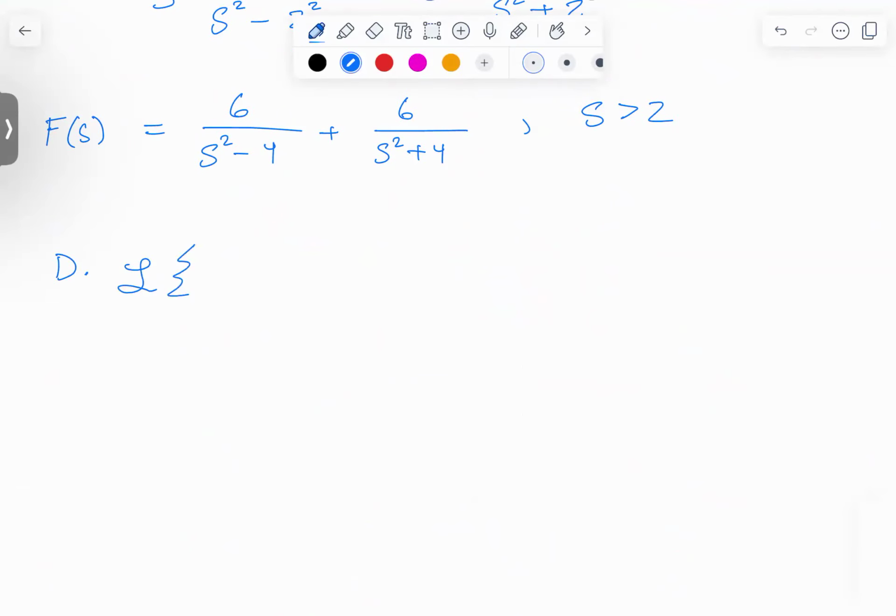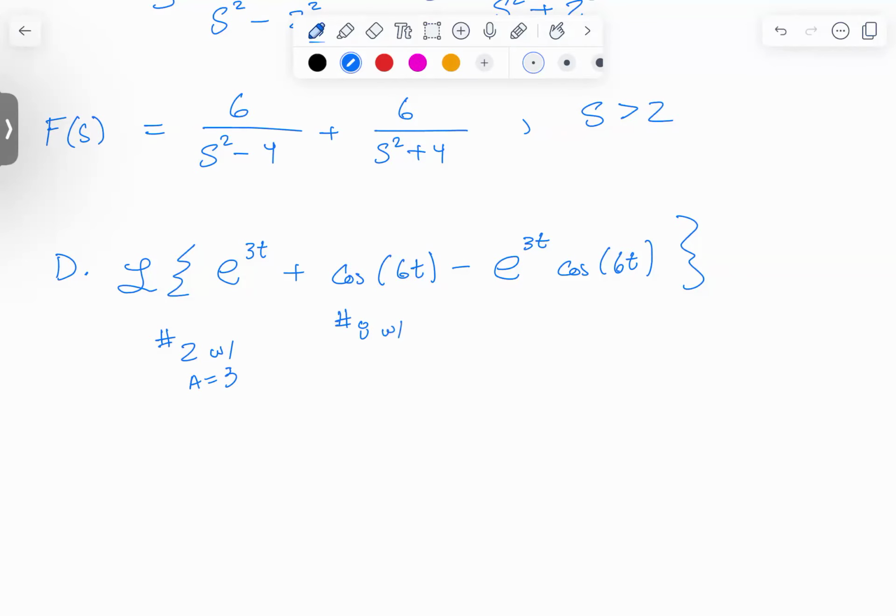Plus transform of e to the t cosine. So this guy's clearly number 2 with a equals 3. This is number 8 with a equals 6.